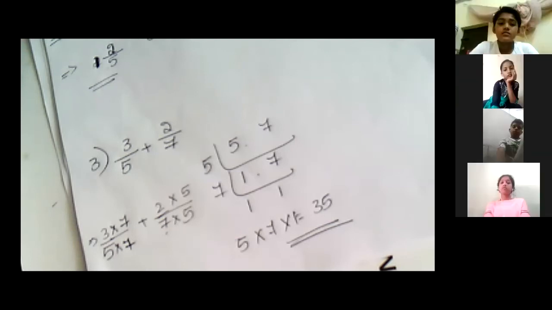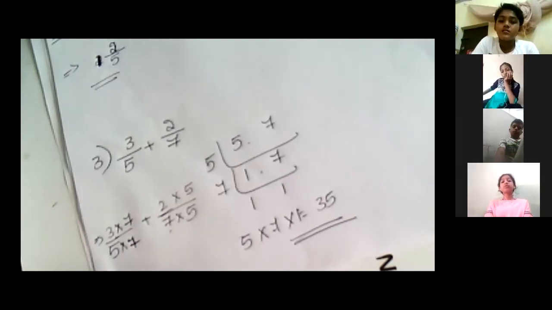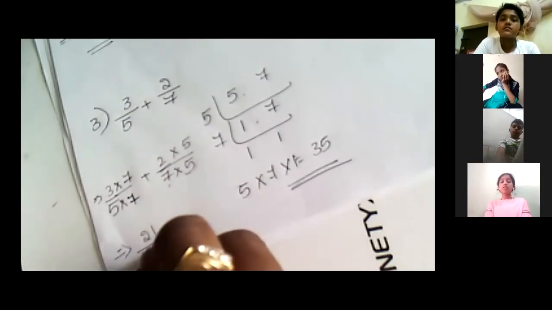Both our denominators are same now. Without making the denominators the same, we can't add or subtract. To add or subtract, we need the same denominator. So we are taking the LCM here. 5 sevens are 35, so 3 sevens are 21 upon 35.